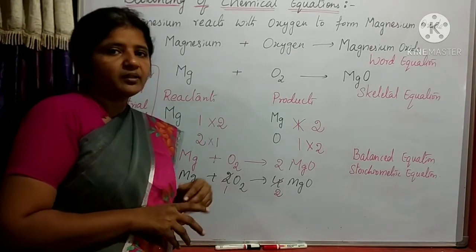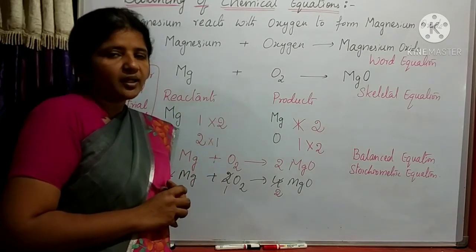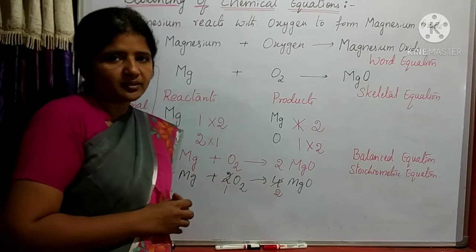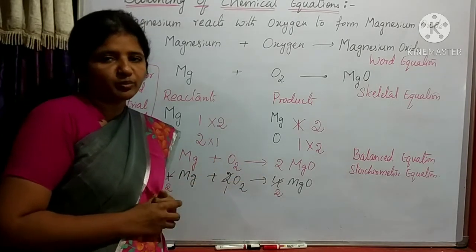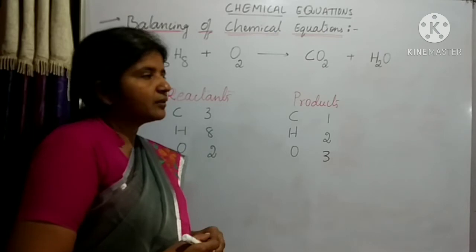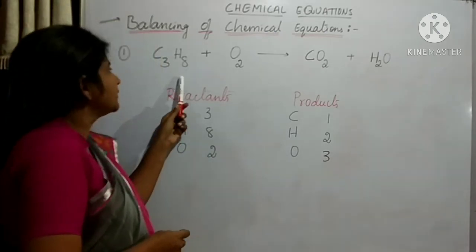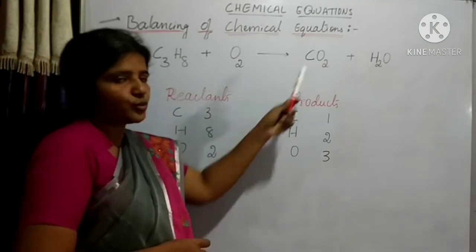I will show two more equations, beta, on how to balance a chemical equation. After that you will practice by taking some more examples which are given in your textbook. Understood? Look at the reaction, beta, we have to balance that. C3H8 plus O2 is giving rise to CO2 plus H2O.